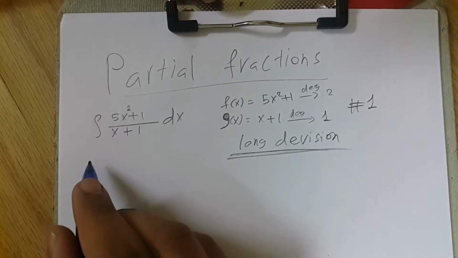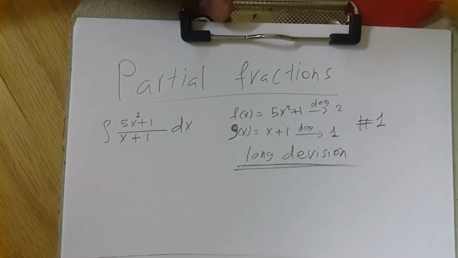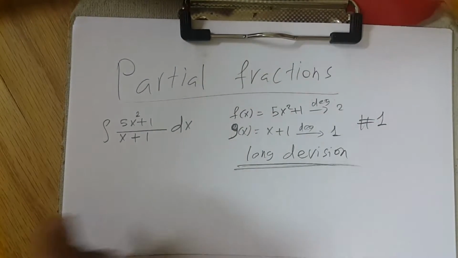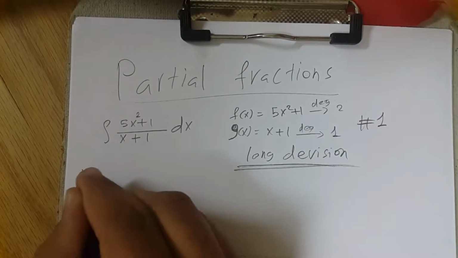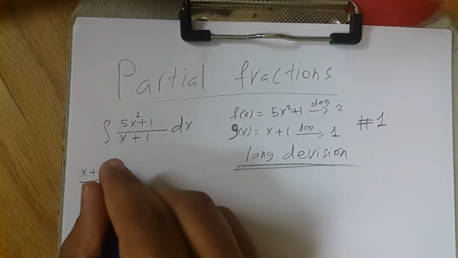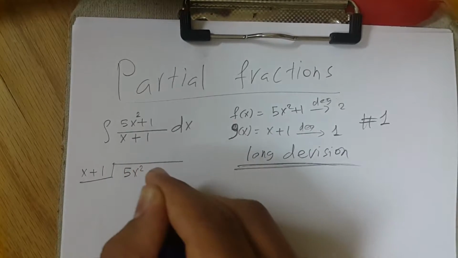I'm just hoping that I can. Let me draw this line. This line indicates that I have to write things that are not shown in the video. So it is x plus 1, and you do the long division, here we will get 5x squared plus 1.